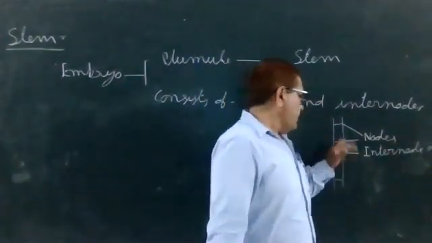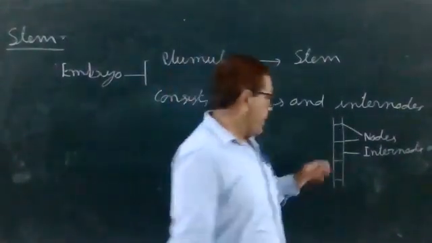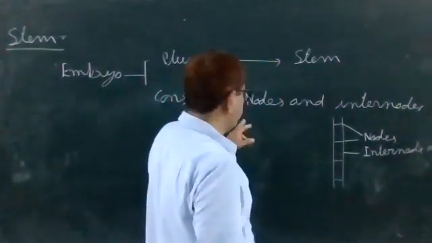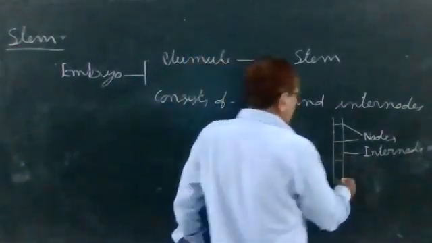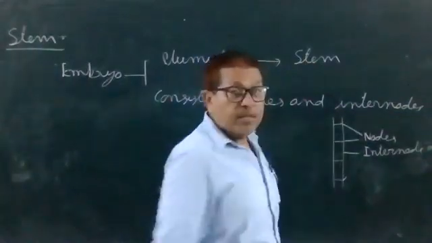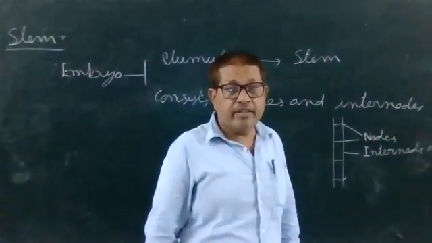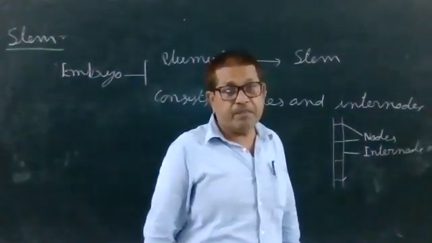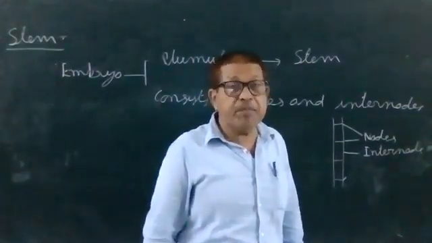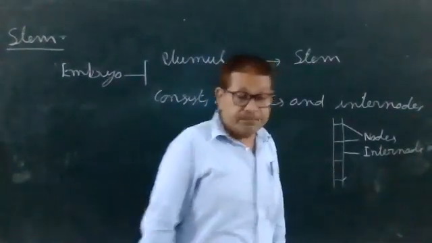So here it is divided into nodes and internodes. The nodes bear branches and buds. They bear leaves.